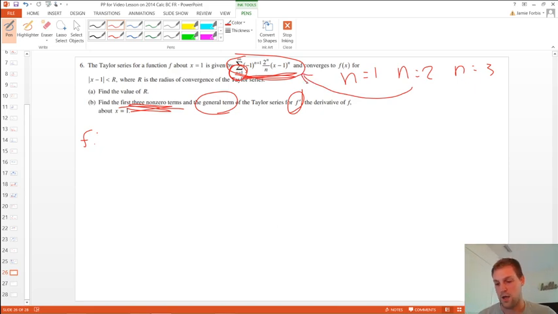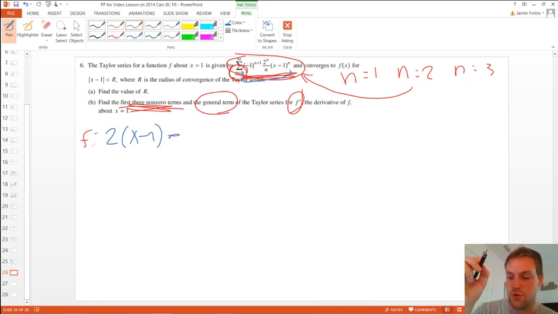Okay, and I kind of did that. I'm gonna do that on scratch work here, and so can you. But okay, so if I plug in say 1 everywhere for n in this series, what's that first term? Well, the 1 is gonna give me a positive number for the alternating series part, and when I plug 1 in for everything else, you get 2 times x minus 1. Okay, again, you can try that yourself. Now, if I plug 2 into that, that's gonna make us have a negative term.